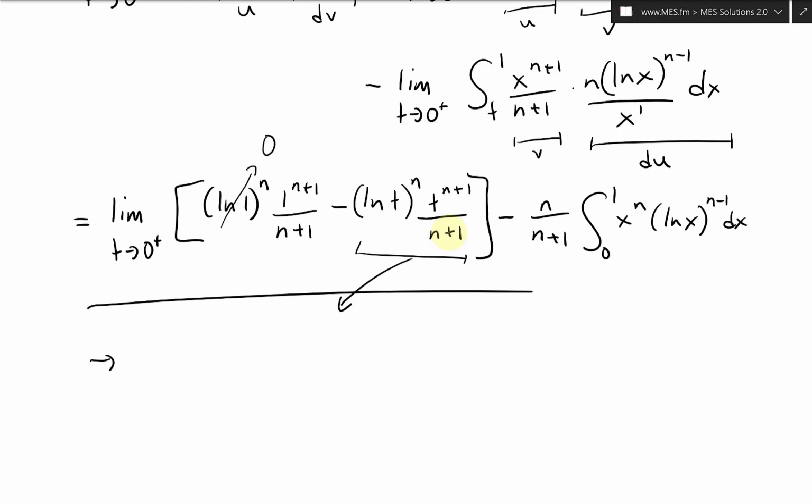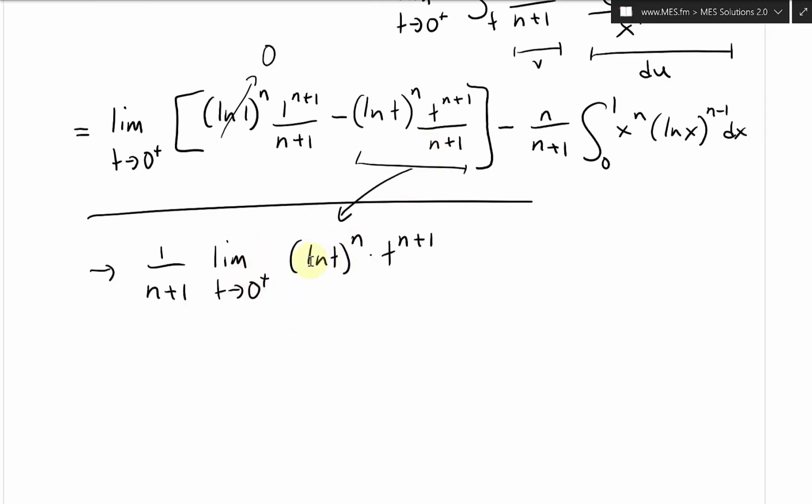I'm going to take this out because it's not part of the limit where t is approaching 0. So just take that one out, and then we're left with the limit as t approaches 0 from the right side of ln t to the power of n times t^(n+1).